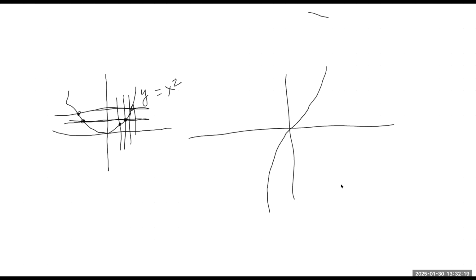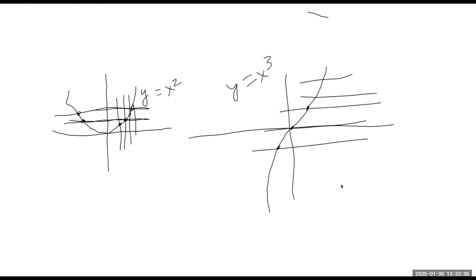It's still a function. Vertical lines only hit it once, but it's also one-to-one because horizontal lines only hit, at any given value y equals something, the graph once. So y equals x cubed is a one-to-one function. It's a function and one-to-one. y equals x squared is a function, but it's not one-to-one.